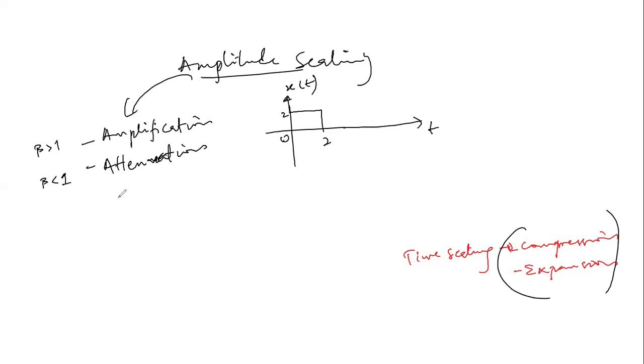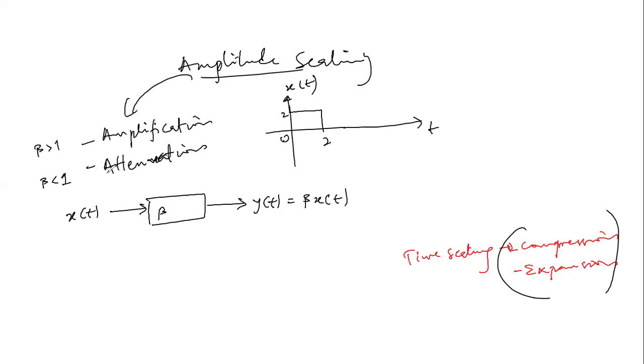If S of t goes into a system for which beta operates on the signal, this time on amplitude, then y of t is the same as beta S of t. You'll observe that beta multiplies the entire signal and not the time scale, because we are trying to manipulate the amplitude of the signal.